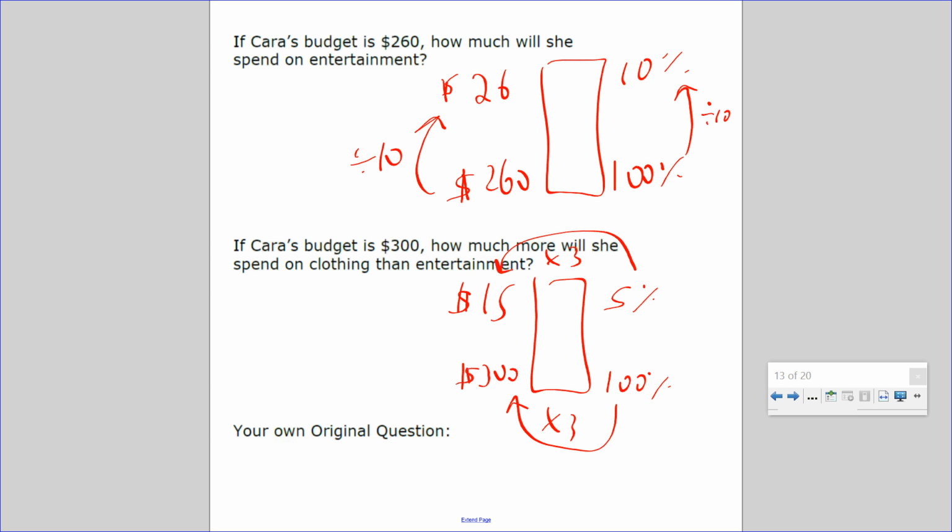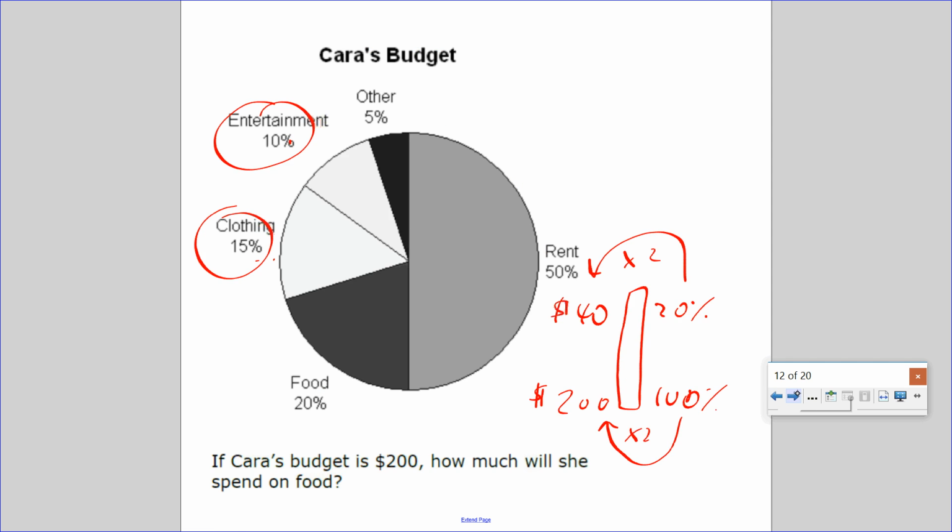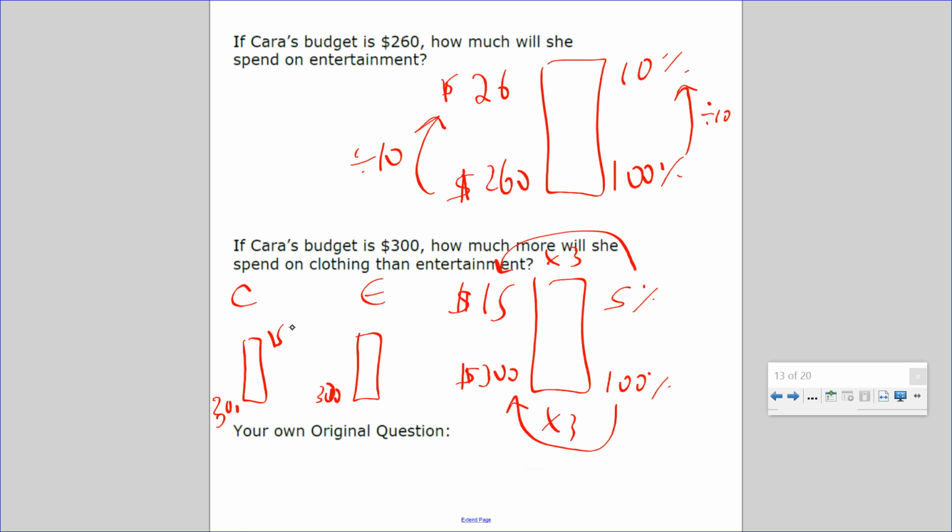This is one way you could have done it. I've seen other kids do it this way. They first figure out how much she spends on clothing and entertainment. So her budget was $300. Clothing, she spent 15% of her budget out of 100%. Entertainment is 10% of her budget out of 100%. So the relationship is times 3.